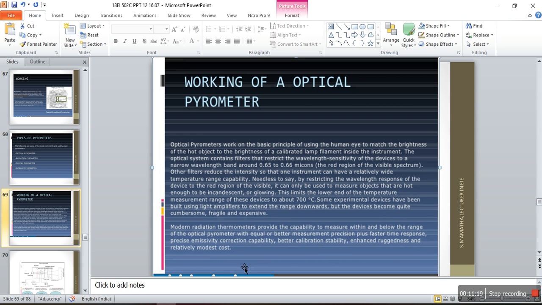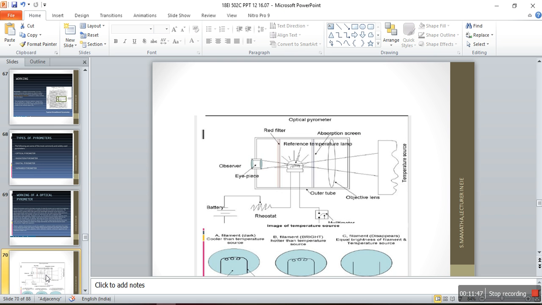But here, by limiting the wavelength, the lower temperature limit of the device is restricted. That means it is limited to about 700 degrees centigrade. Light amplifiers can be used to extend the range downwards, but the devices become quite cumbersome, fragile, and expensive. This is about the working of the optical pyrometer.